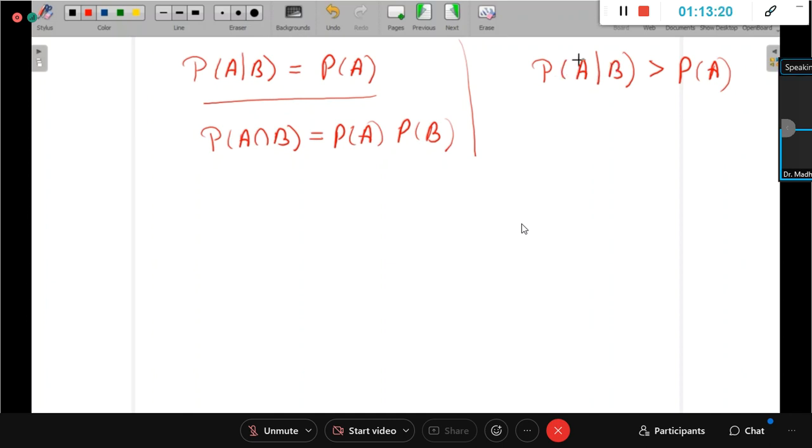If the occurrence of the event B enhances the chances of the occurrence of the event A, it means they are positively associated, it is affecting positively.